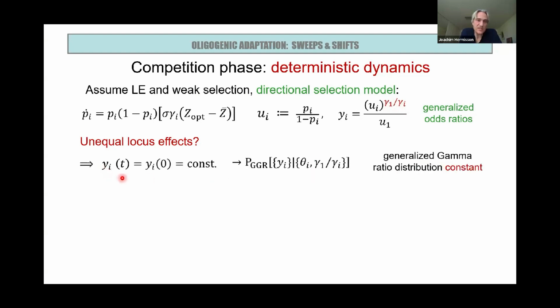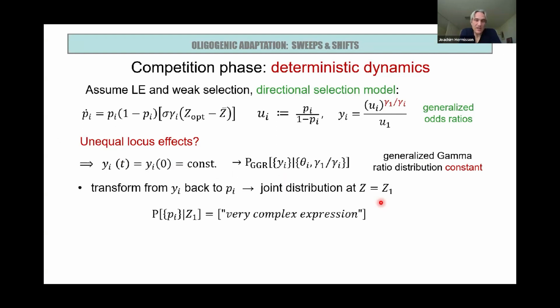Then we see that indeed these, in a deterministic theory, remain constant, and therefore the same thing applies as before. On the level of these generalized odds ratios, they still conform to a generalized gamma ratio distribution, even when they grow large.